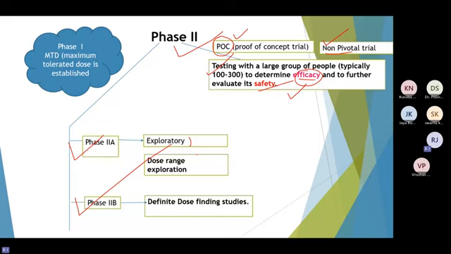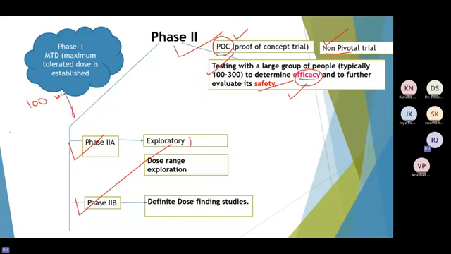For example, in phase one, we have determined the maximum dose that a person can tolerate, right? For example, 100 mg is the dose of the drug which can be tolerated by any subject. Then what do we do?